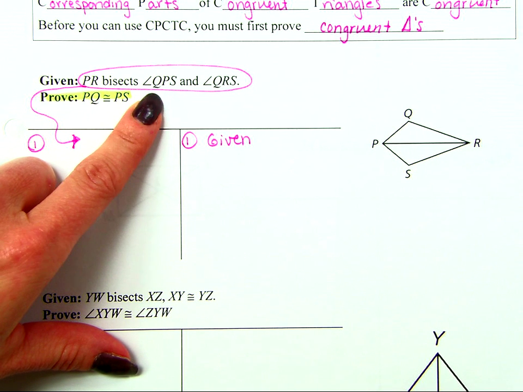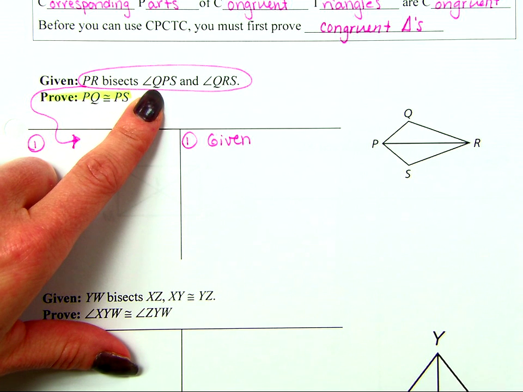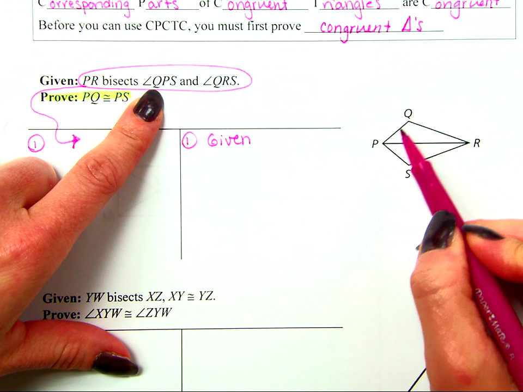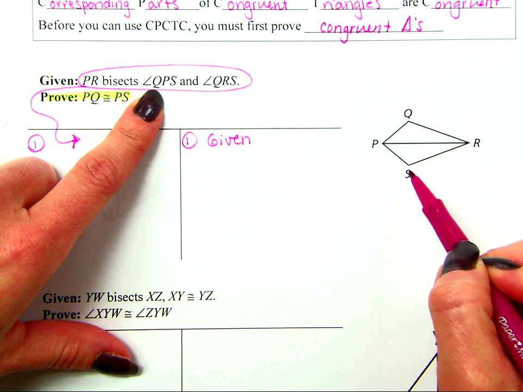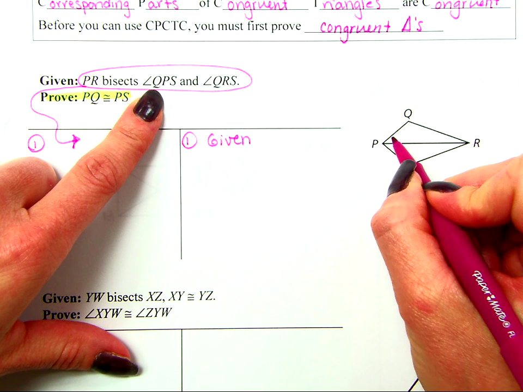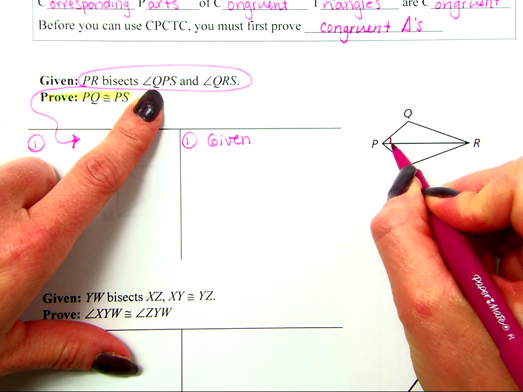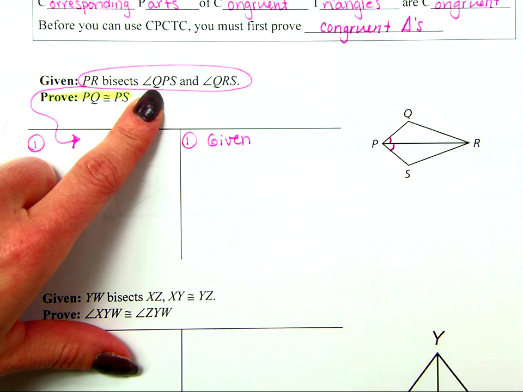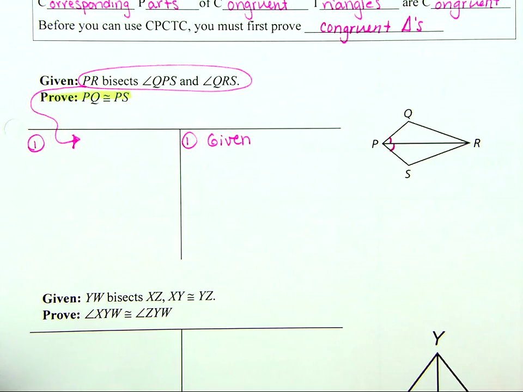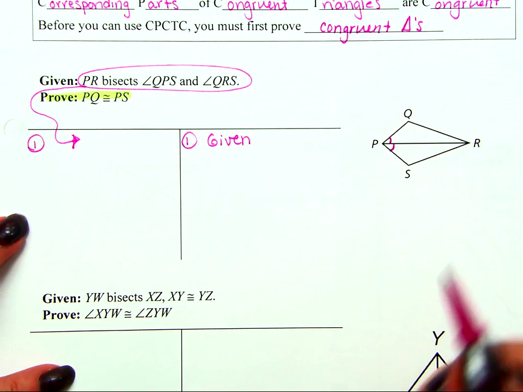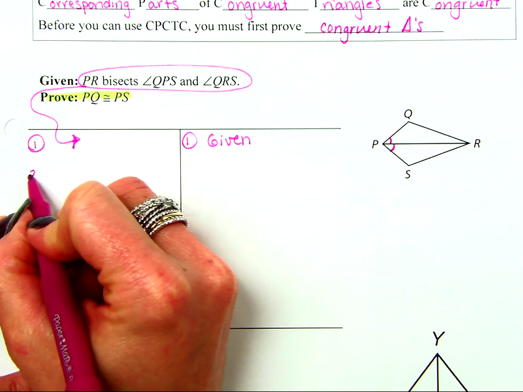So it's bisecting angle QPS. If it's bisecting that angle, I can mark that this angle and this angle would have to be congruent. It's cut down the middle.